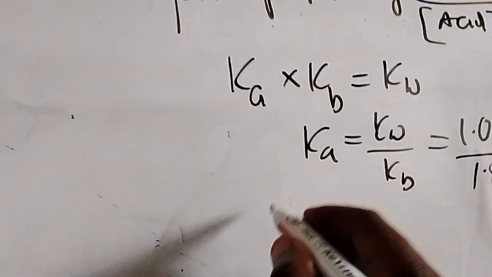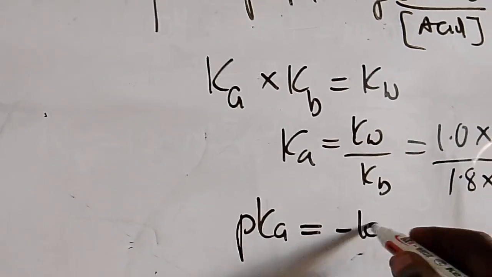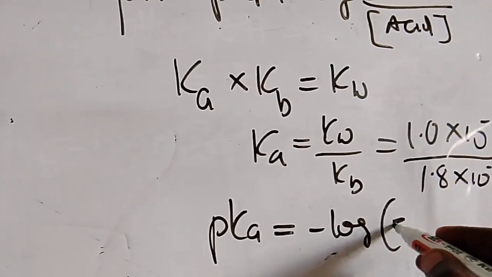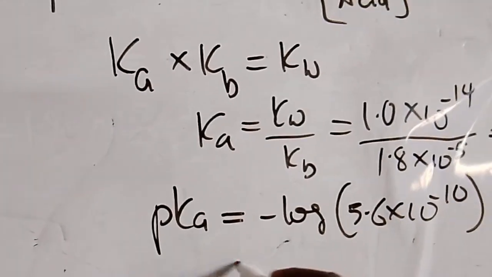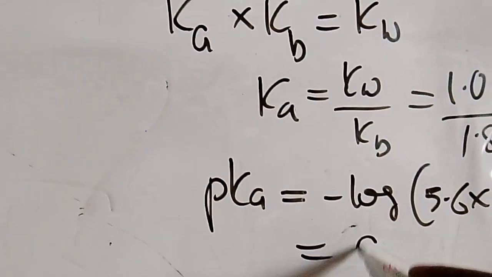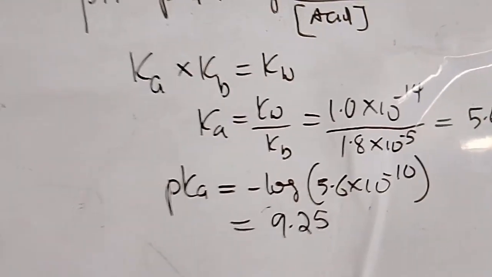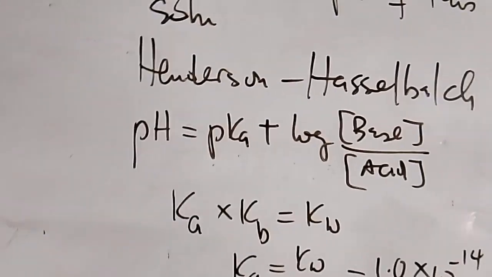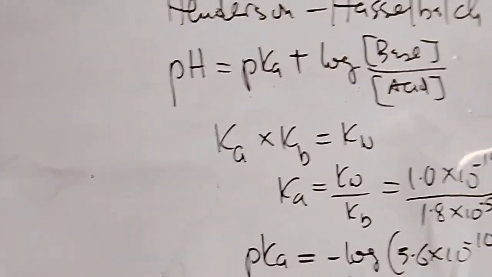So first of all, let's find the pKa. So pKa will now equal negative log 5.6 times 10 to the power negative 10, which will give us 9.25.